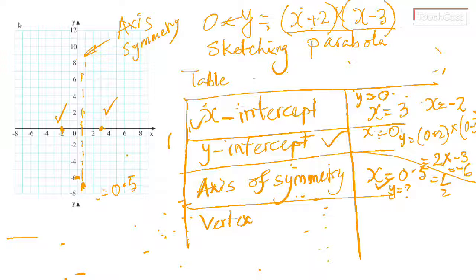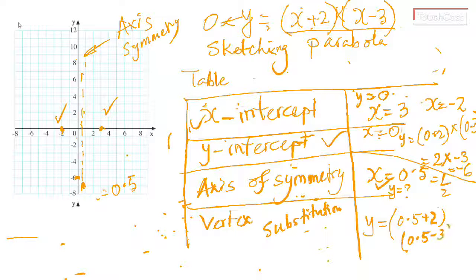And we know x equals 0.5, so we've got to do substitution in algebra, which is 0.5 plus 2, times 0.5 minus 3. So it will give you 2.5 times negative 2.5, which I believe will be 6.25 with a negative sign.